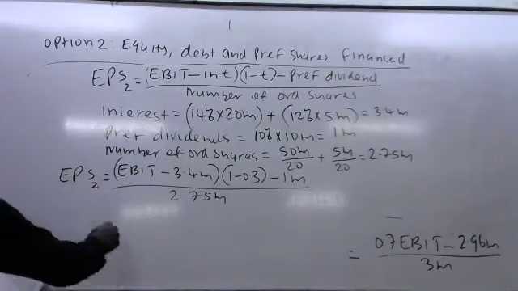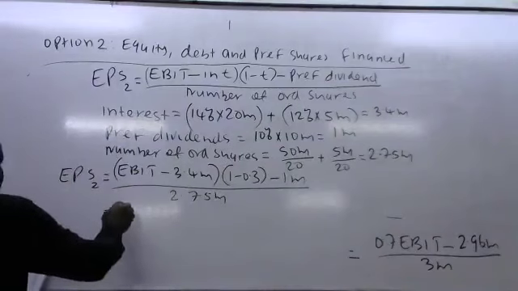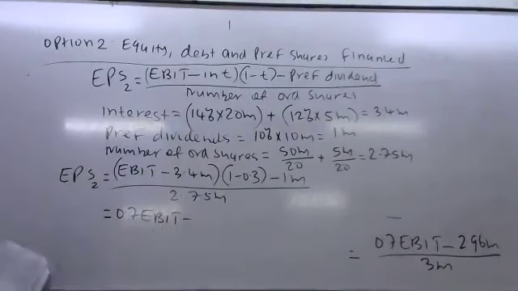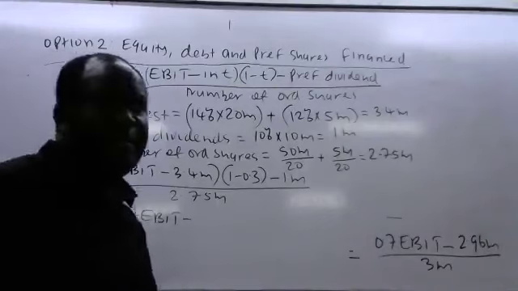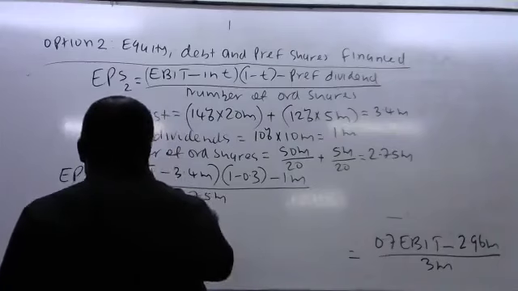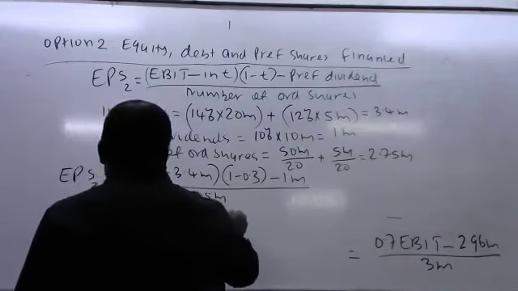So when you open the brackets, it will be 0.7 earnings before interest and tax. Then 3.4 millions multiplied by 0.7 gives 2.38.